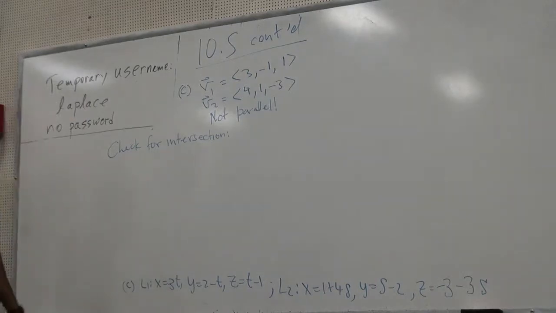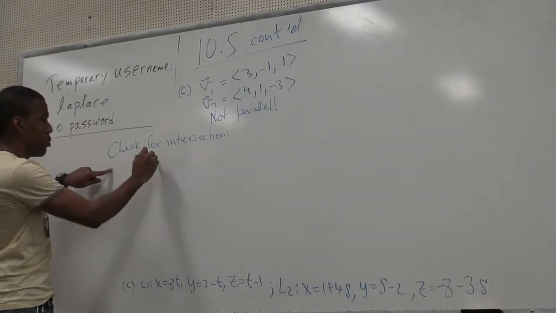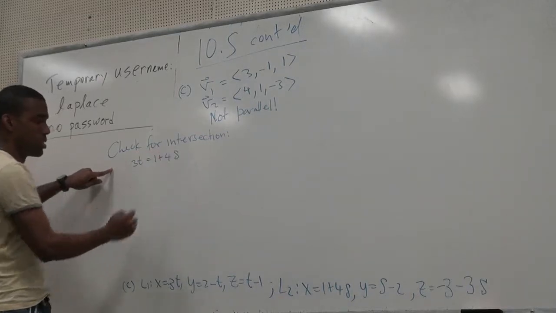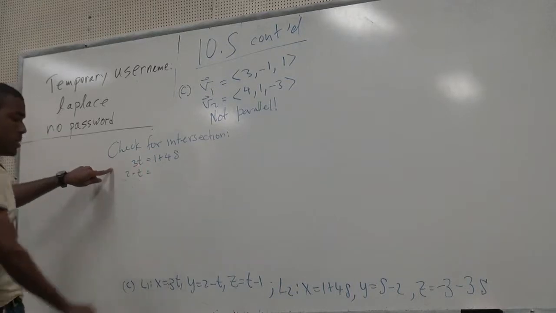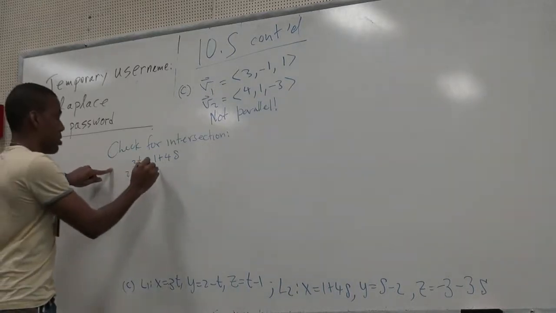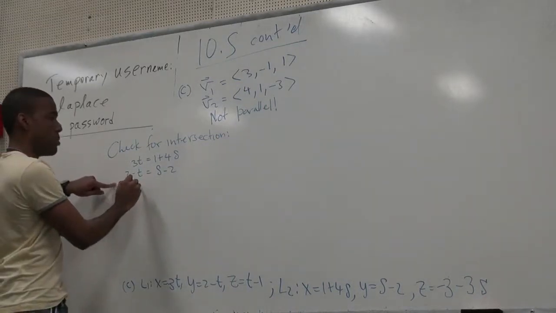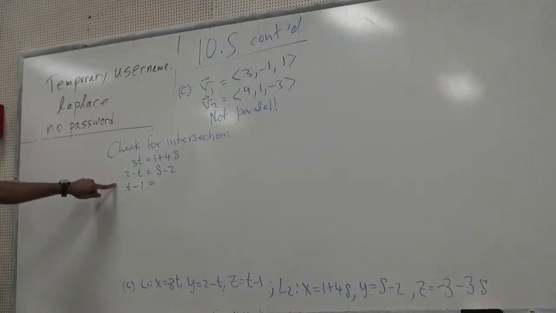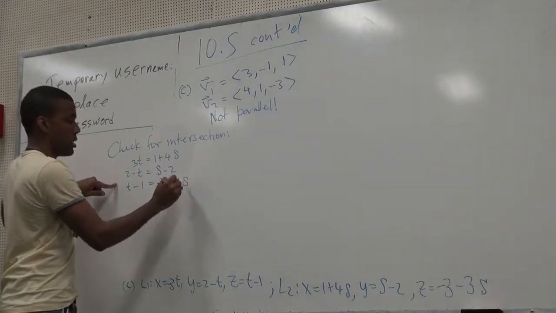So again, you set the components equal to each other. We have 3t is equal to 1 plus 4s. We have 2 minus t is equal to s minus 2. And we have t minus 1 is equal to minus 3 minus 3s.